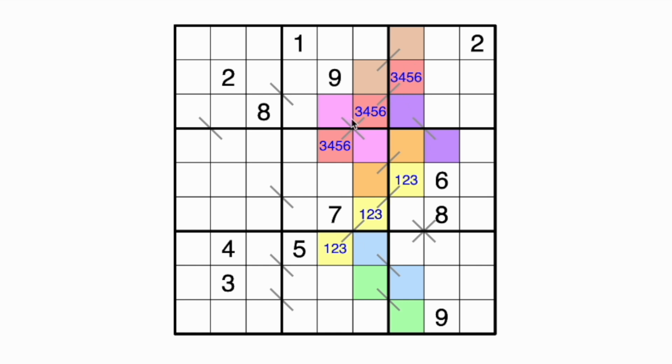I chose here because of these 3-digit lines, thinking that those would be my break-in. Because there is a yellow somewhere here. And if I knew it was, say, one of these two, I could rule out 3 from all the yellows. That's the kind of thing that I'm hoping to be able to do.